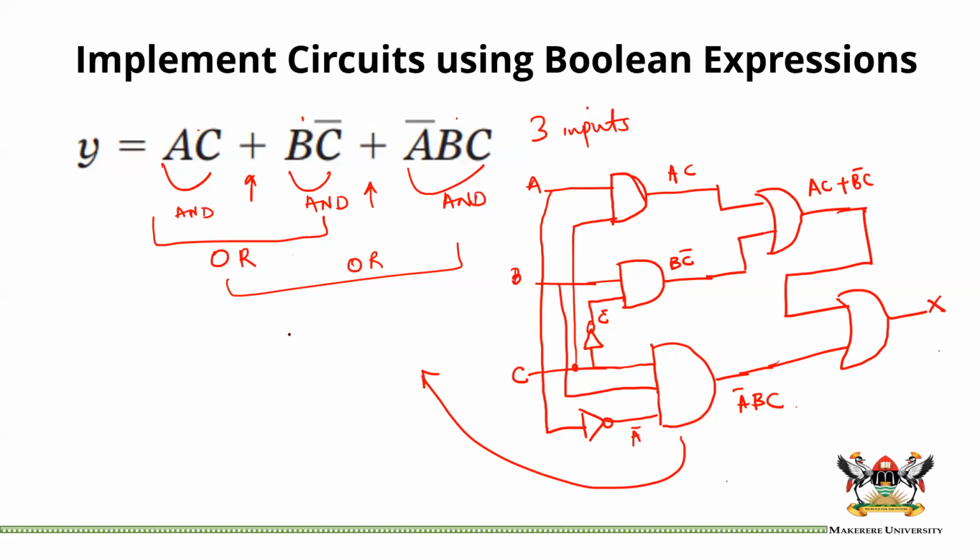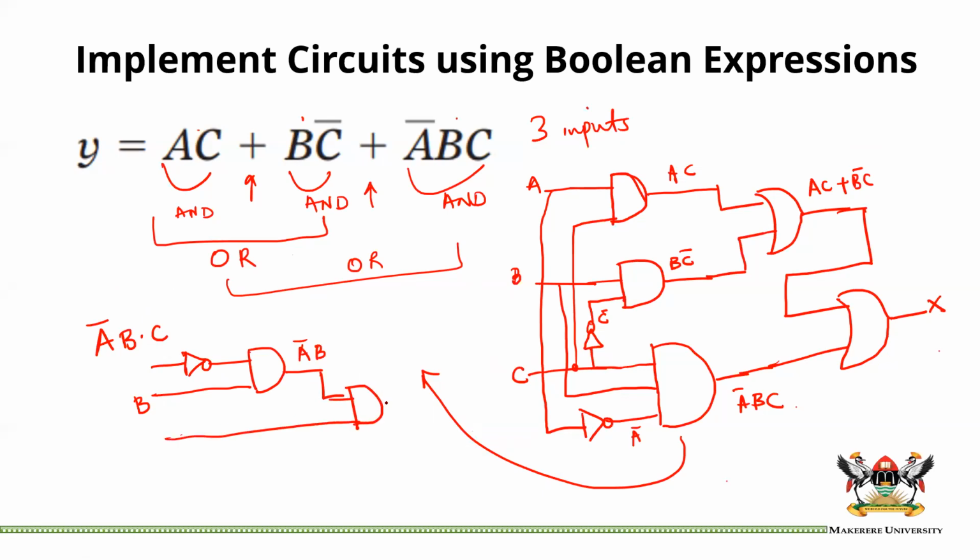What I could have done here is, instead of having a 3-input AND gate, I could have had my A inverse go through an AND gate with B, meaning that I would have A inverse B, and then I pass that through another AND gate with C, so that I can have my A inverse BC.